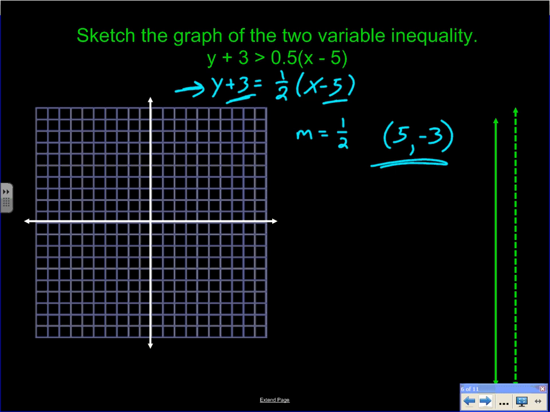We start out at the point 5, -3. 1, 2, 3, 4, 5, and down 3. You put a point. The slope of 1/2 means you go up 1, to the right 2, up 1, to the right 2, or you could have went down 1 and to the left 2.